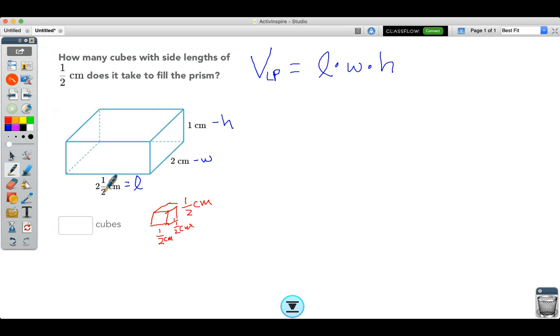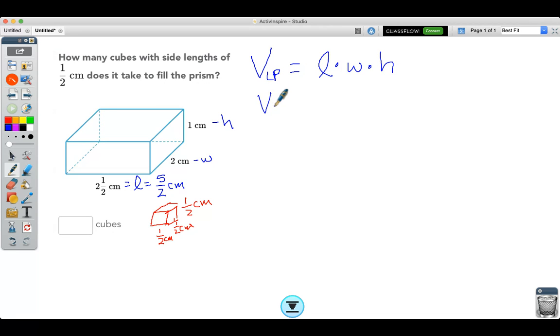One thing I want to do is switch this to a mixed fraction. To do that, you multiply the denominator times the whole number, so 4, and then you add the denominator on top. So that's 5/2. Another way to think of it, 5/2, if you put that into your calculator, it'll give you 2.5. 5 divided by 2 is 2.5.